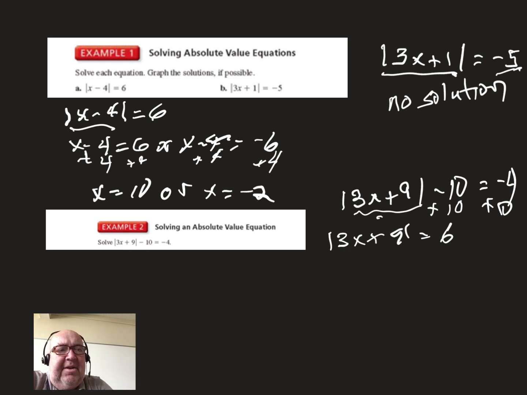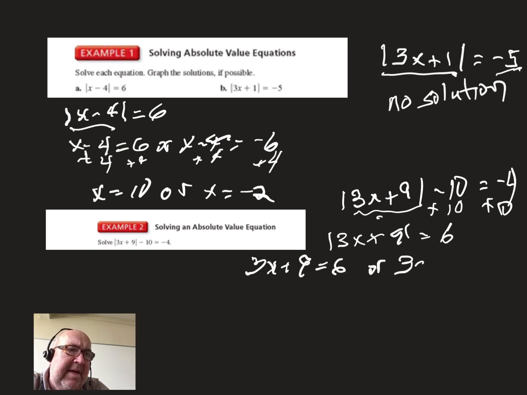Now we can go ahead. We're going to have a couple of steps to this. So we're going to have 3x plus 9 equals 6, or 3x plus 9 equals negative 6. We're going to work backwards. We're going to do the subtraction property first. We're going to subtract 9 from both sides.